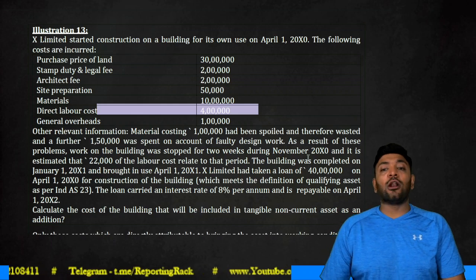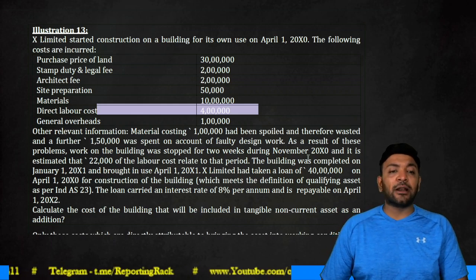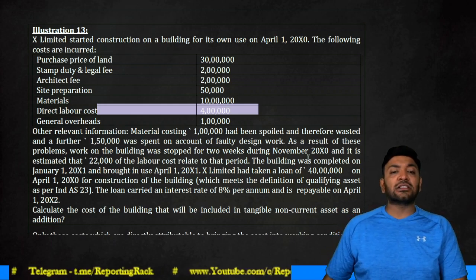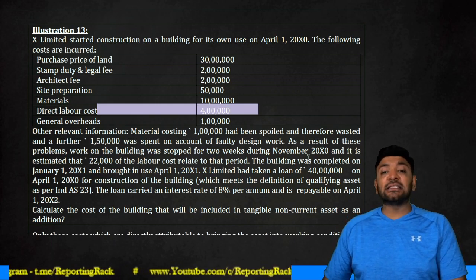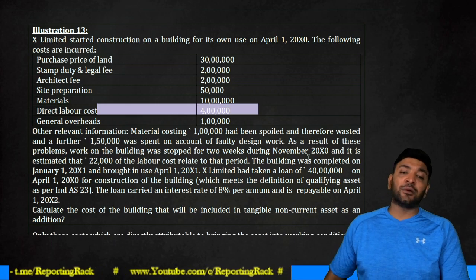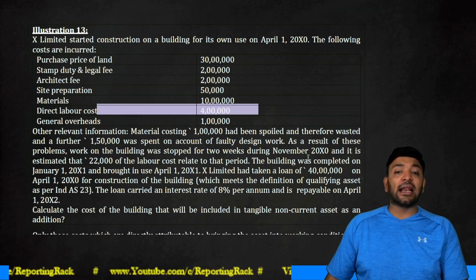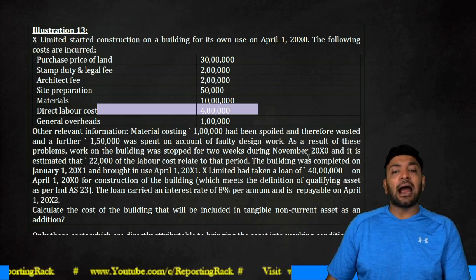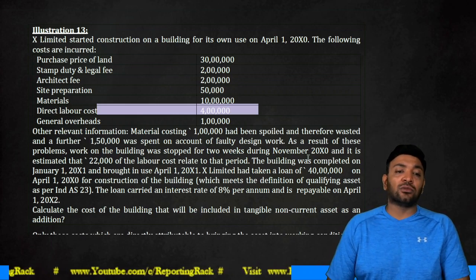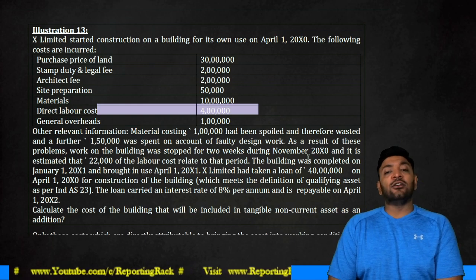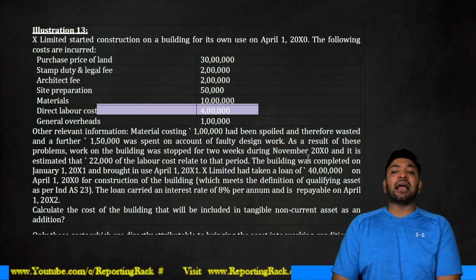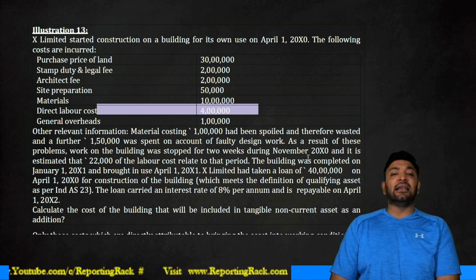X has taken a loan of 40 lakhs on 1st April 2020 for the construction of the building, which meets the definition of qualifying asset as per Ind AS 23. Loan carries an interest rate of 8% and is repayable on 1st April 2022. Calculate the cost of building, which shall be included in the tangible non-current asset as an addition.